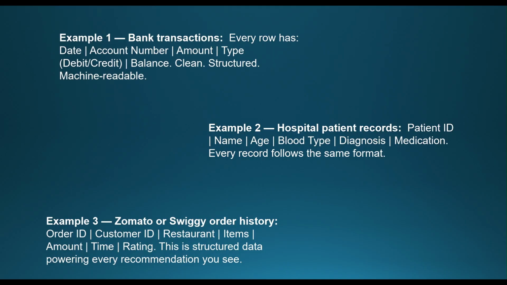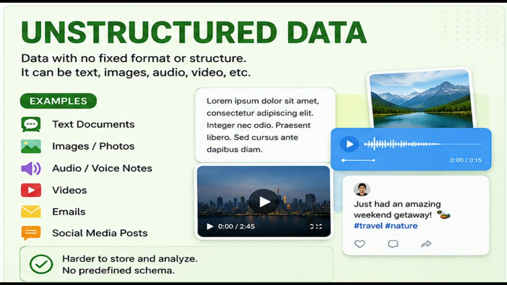Now let's jump to unstructured data. In the case of unstructured data, there is no fixed format. It can be of any type. It cannot be neatly stored in rows and columns. It could be text, image, audio, video, anything that doesn't fit into a template. In structured data, we had a specific template, right?